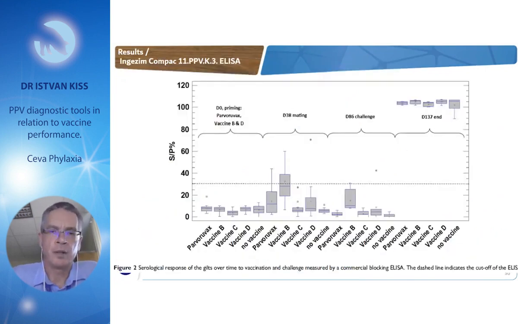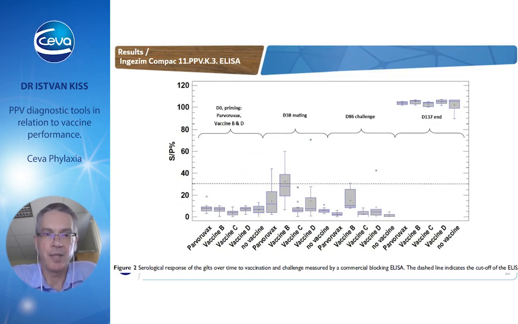Now, if you go through the scheme, this is about serology. We used a commercial ELISA, an Ingezim ELISA actually, and it was pretty surprising that after vaccination, a very low portion of the samples crossed the positivity limit of the test. So you can see it here, just a very few samples.